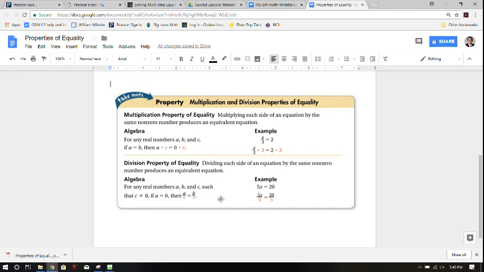If a equals b, then a over c equals b over c. So basically, all of these properties are saying that if you do the same thing to both sides of the equation, it doesn't change the fact that the left equals the right, or the right equals the left. But when you do something different, that's when it's no longer equal. It doesn't hold that property of equality.